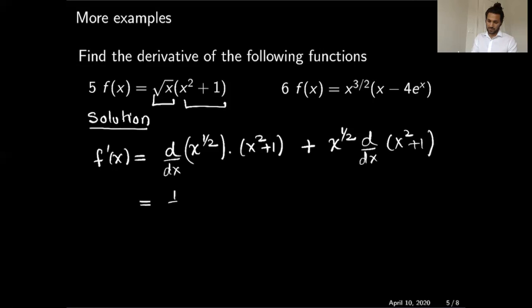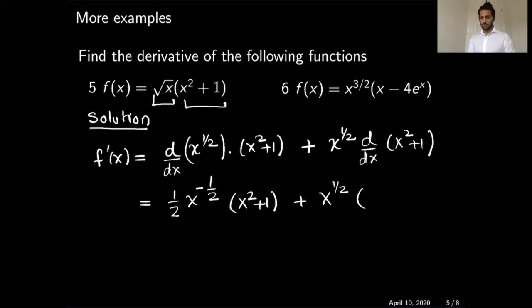So this is 1/2 x to the power negative 1/2 times x square plus 1, plus x to the power 1/2. The derivative of x squared plus 1 is 2x. So very simple. So that is the complete answer. So you can box your answer here.